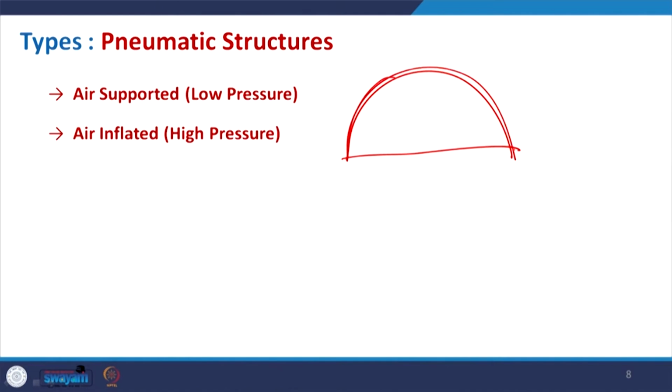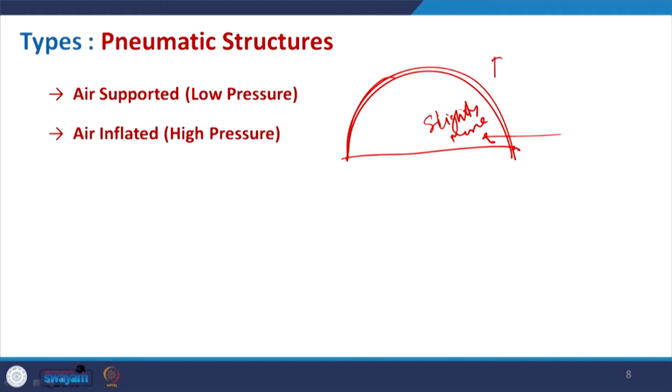Low pressure means that we create a single layer of the membrane, we put air in, and we get this volume. In this case, with low pressure to be maintained, the pressure inside is slightly more than outside.